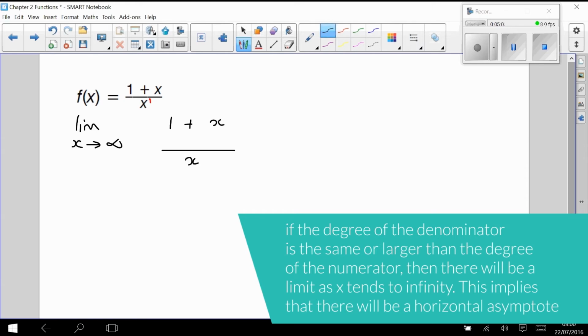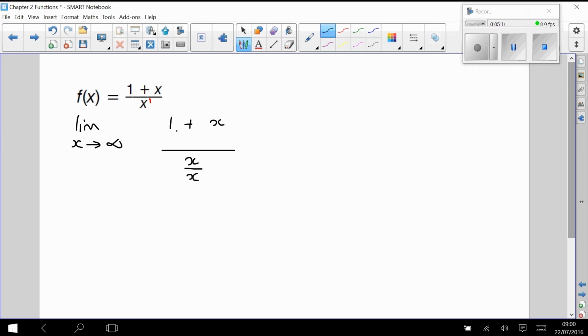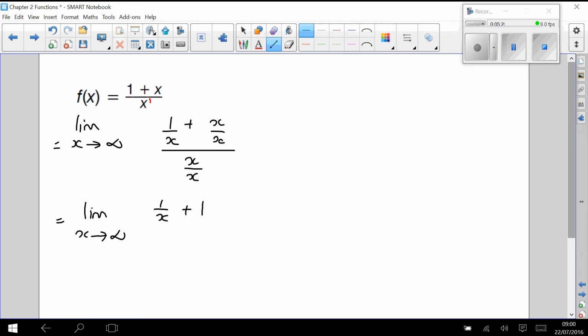By dividing both the numerator's terms and the denominator by x to the 1, I get the following. If I simplify this, then I'm going to find that this limit, as x is tending towards infinity, is going to be 1 all over x plus 1, and that is still all over 1.